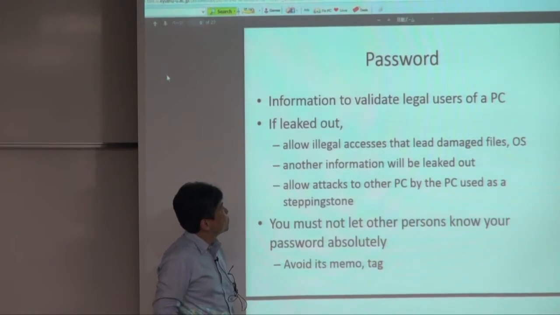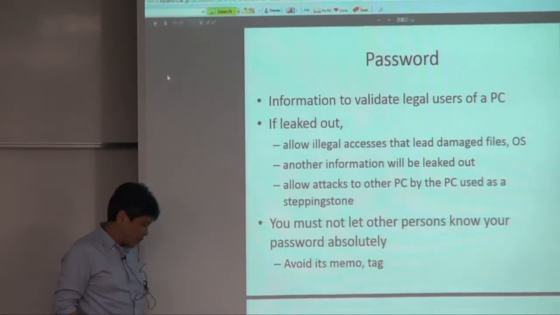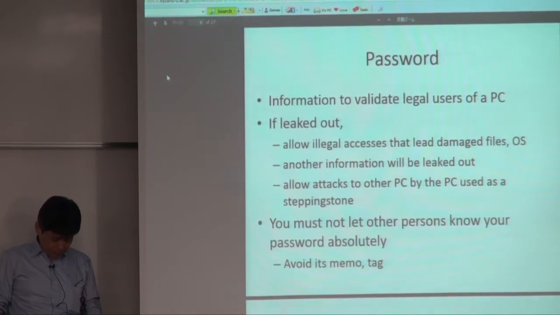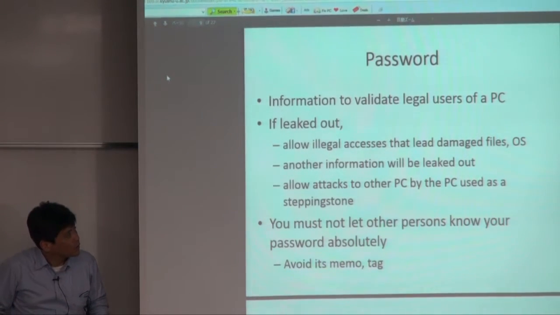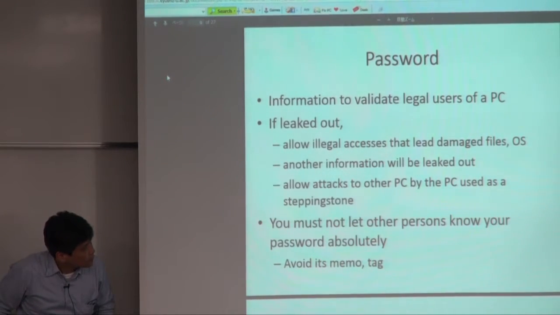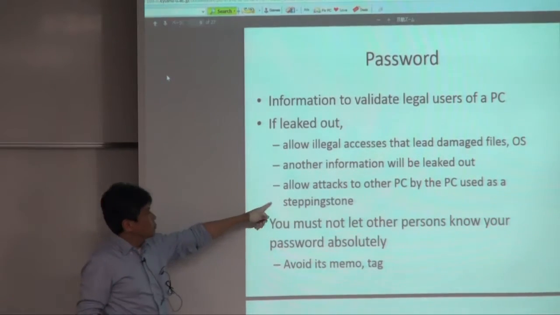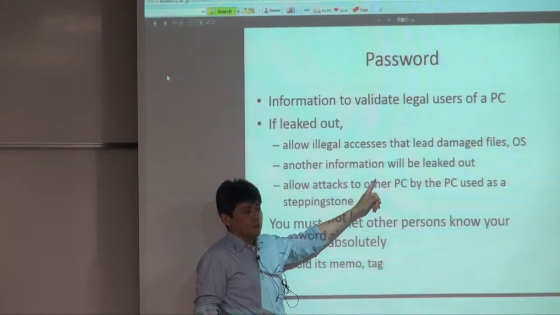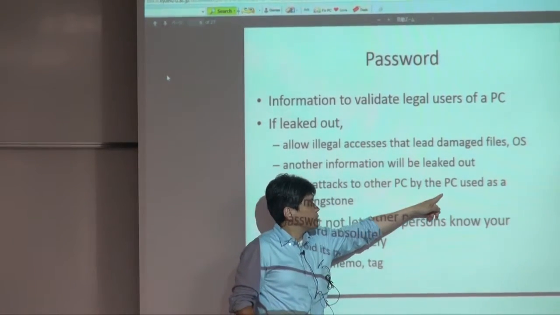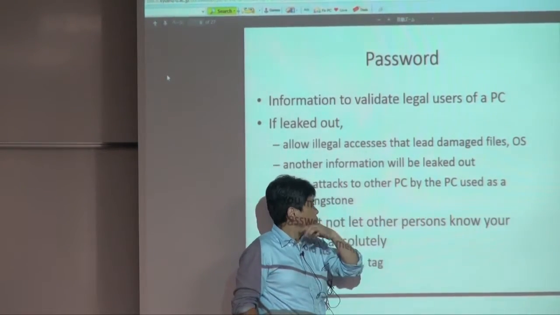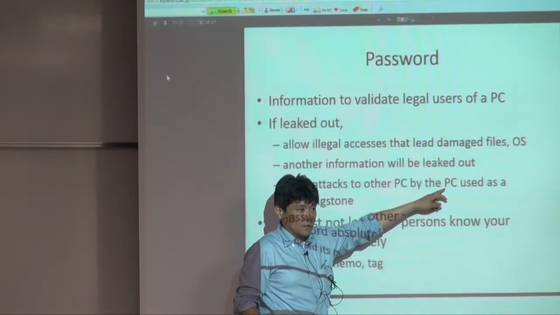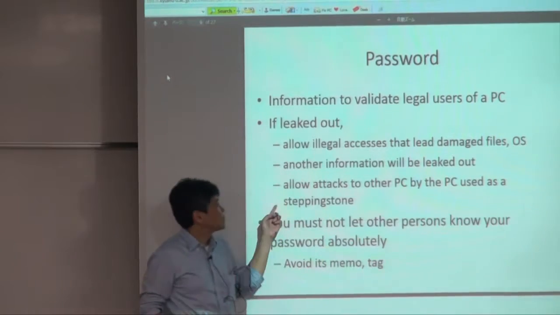And also other important information can be leaked out. The bad person can attack other PCs by using this PC, a broken password PC, as a stepping stone.